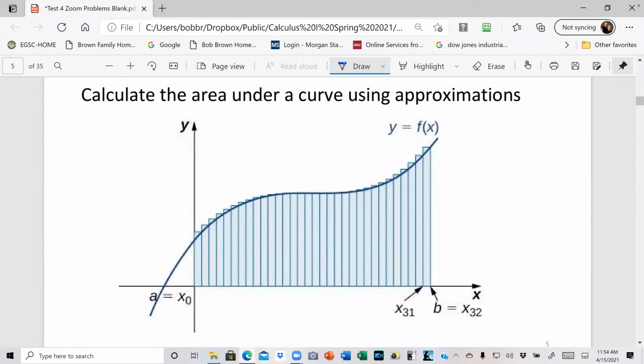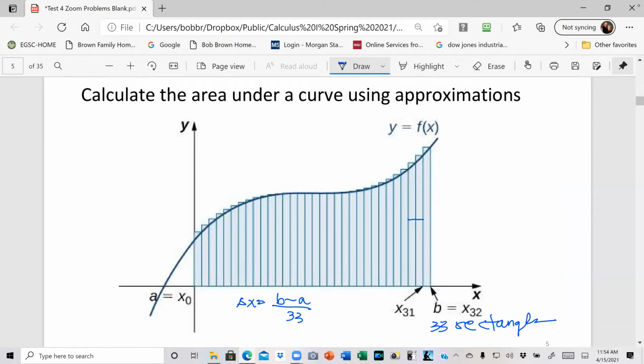Now, to give you an example of how you would try to get a better estimate, obviously using more rectangles, here is one in which there are 33 rectangles. And the length from a to b is b minus a, of course. And so the width of the rectangle would be b minus a over 33.